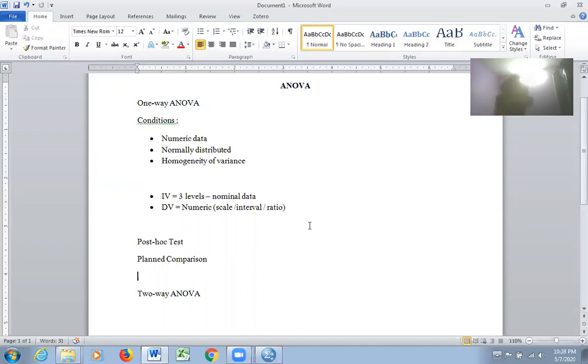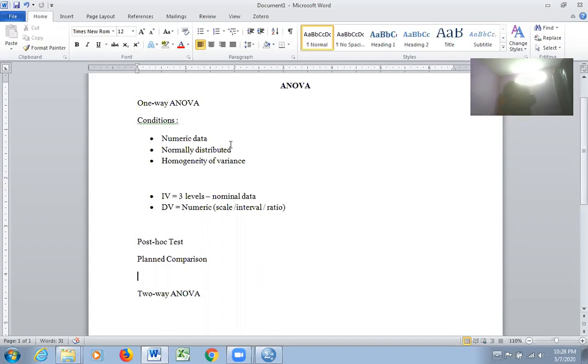Fine. This is about the independent variable and dependent variable. And what about your dependent variable? As I told you, it should be numeric and it should be normally distributed. As we discussed in the last class, you have to check whether the data is normally distributed or not by using a scatter plot, histogram, skewness or kurtosis, or you can conduct a one-sample test to verify it.